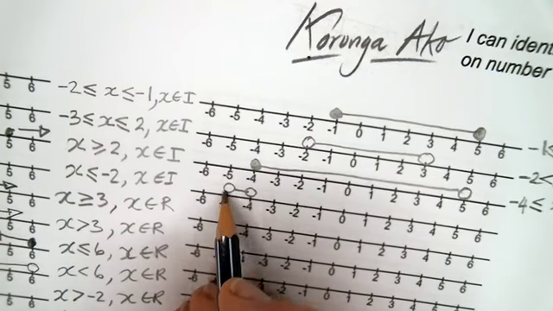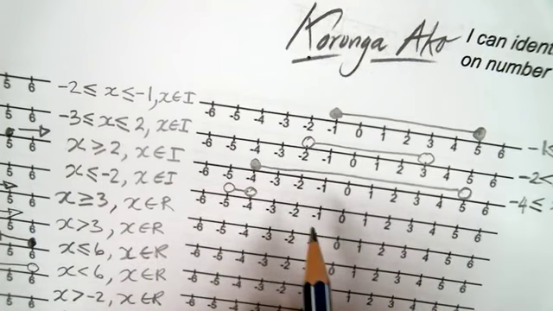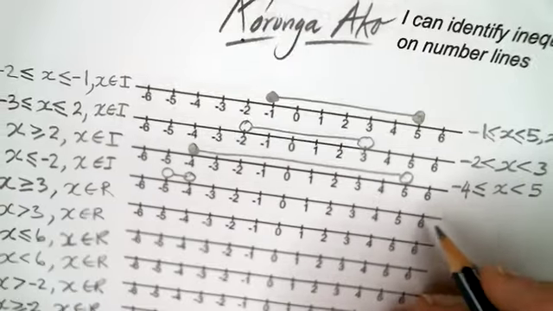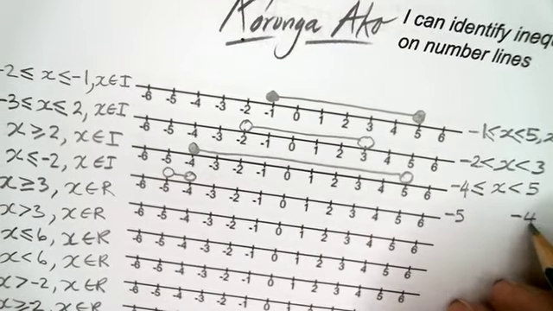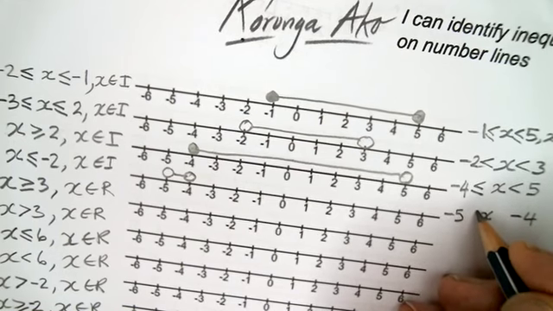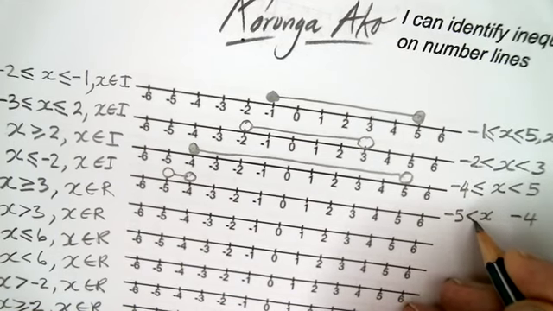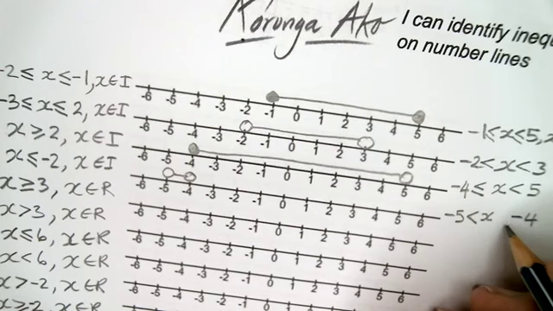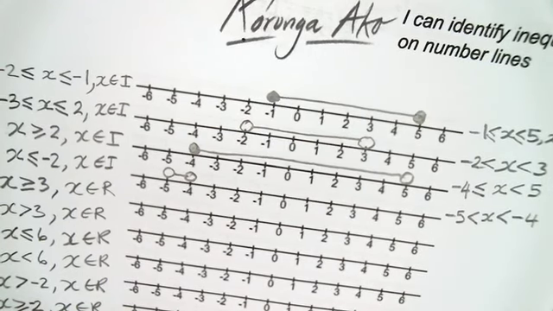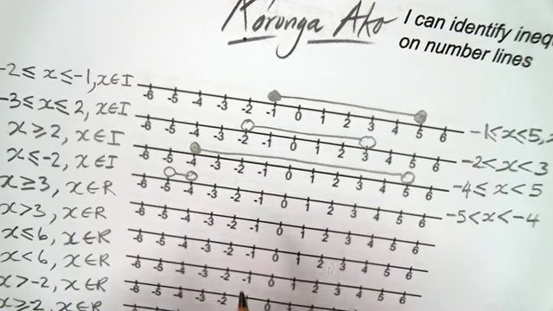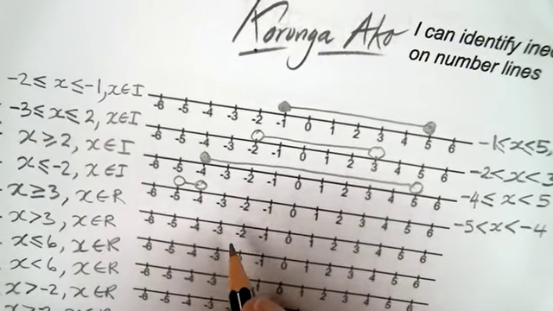So we write the two hollow circles, put a line in between them, and at this end we're going to be saying -5 is the lowest, -4 is the highest, x is in between. It's going to be greater than -5, but never quite getting down to it, and it's going to be less than -4.